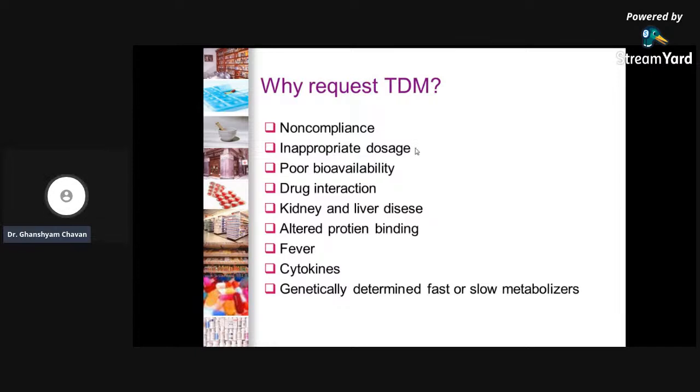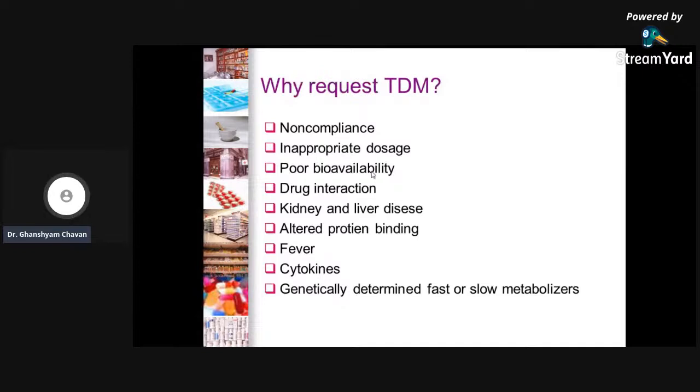In the case of a tablet or capsule, it is possible that we are taking the proper dose, but in the case of liquid dosage forms, where the proportion is in our hand, it completely depends on the patient. So when the patient makes a mistake in taking that dose, it will also lead to toxicity.